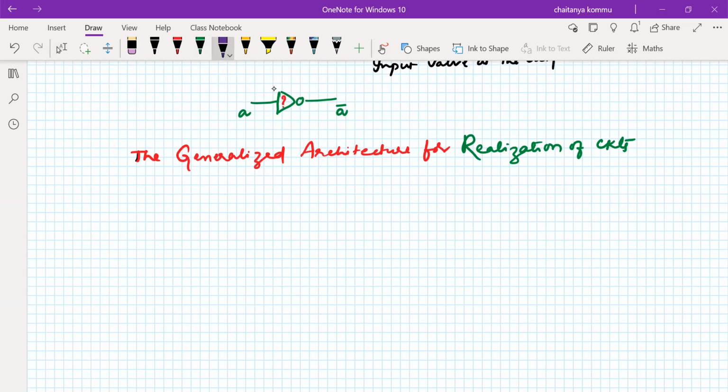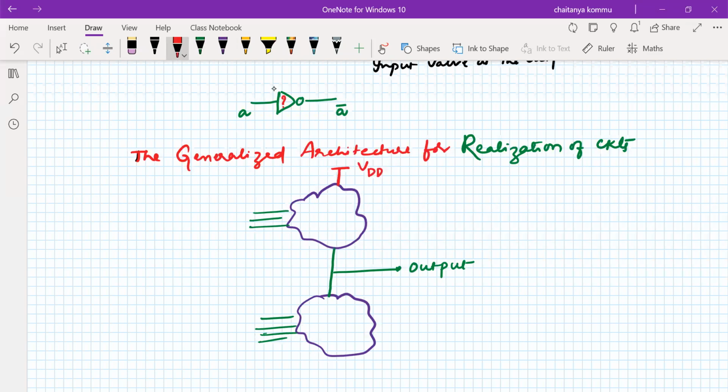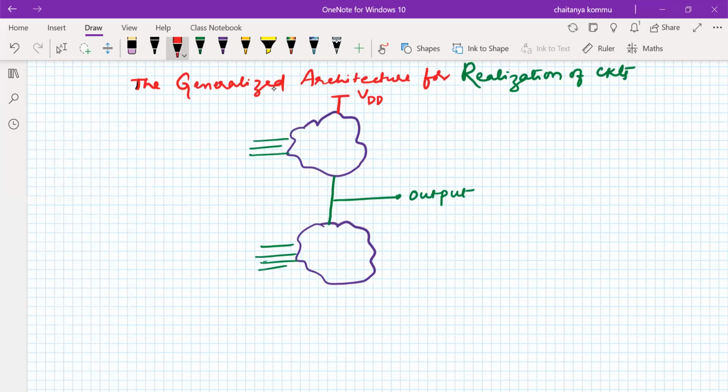This generalized architecture consists of two networks, something like this. These networks are connected and take a common point as the output. We apply the inputs to these networks. Very essentially, one network is connected to the power supply VDD and the other network is connected to the ground.